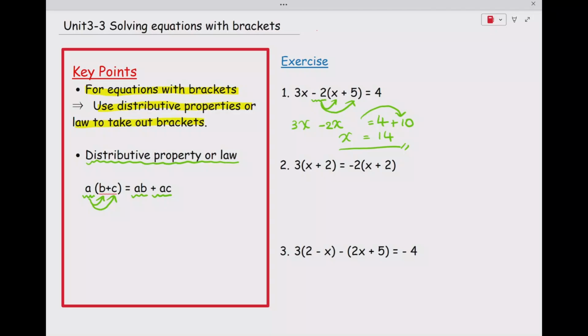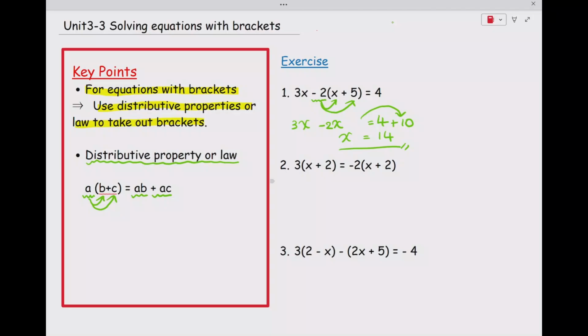Question number 2. 3 brackets x plus 2 equals minus 2 brackets x plus 2. This question is the same as the previous one. Use the distributive law to remove the brackets. First, let's look at 3 brackets x plus 2.